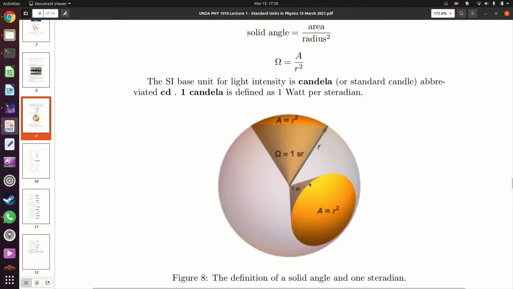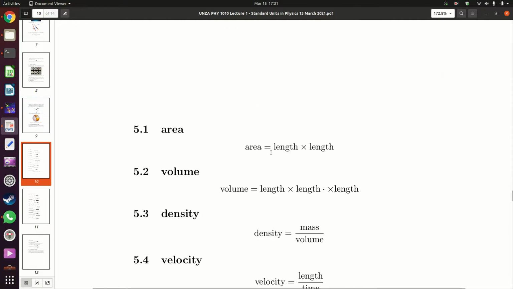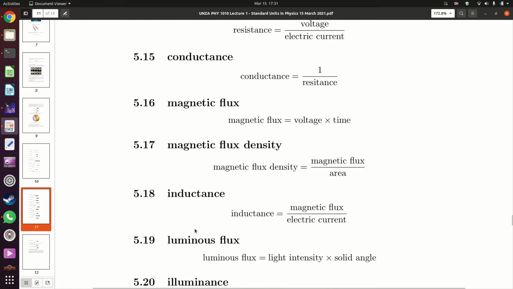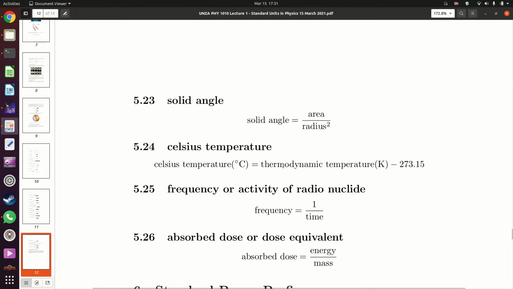This area is what we're interested in, divided by the distance from this area to the center of the circle, the distance squared. Remember, what is area? Area is length times length. That's how you obtain an area. You multiply a length by itself. So once you have an area, you divide that area by the radius squared. So you get yourself a solid angle.